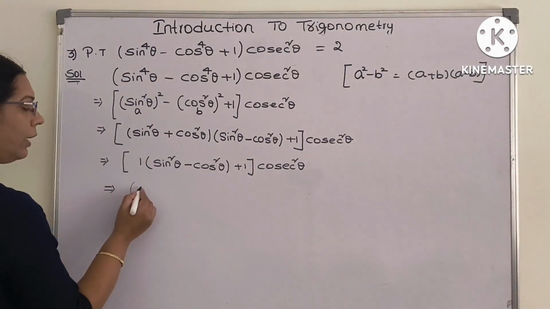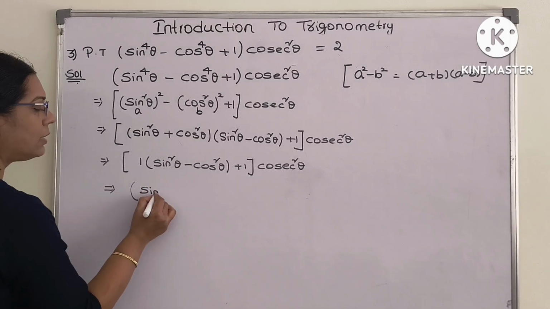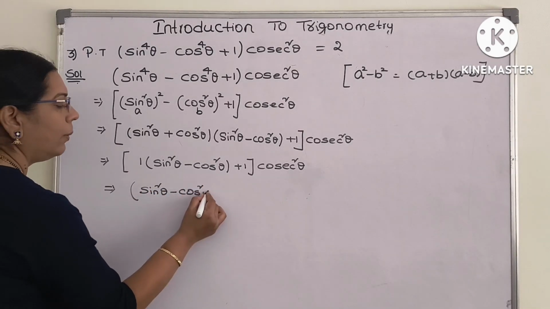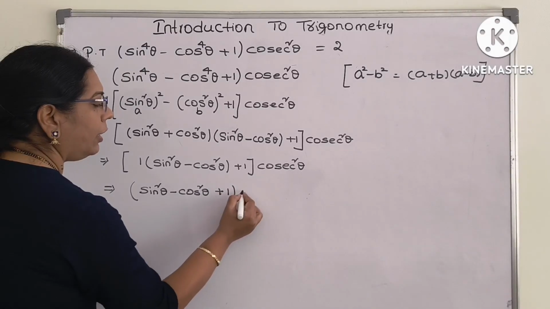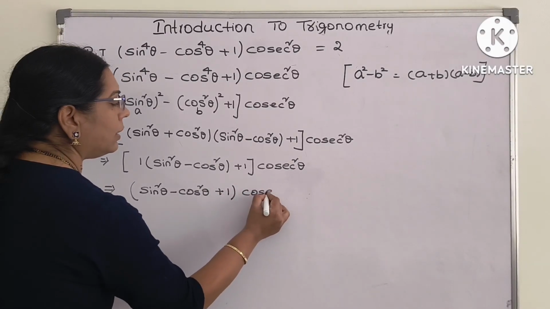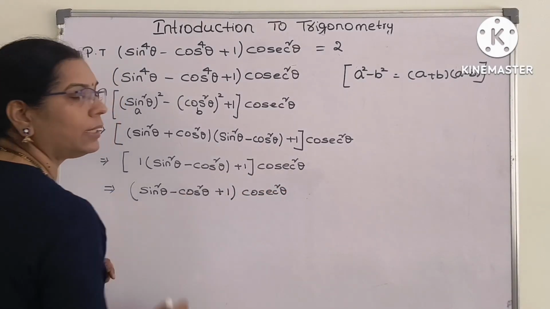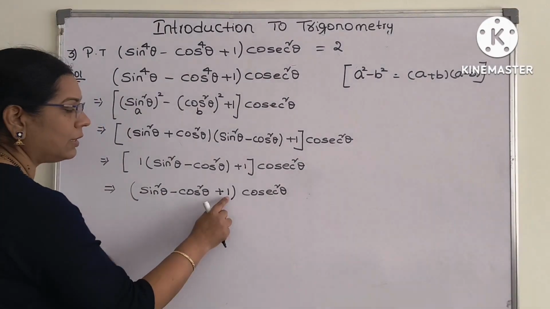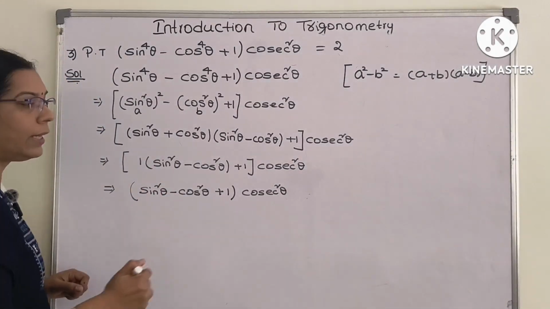What is this looking like? This looks like sin²θ − cos²θ + 1 into cosec²θ. Now, if you look carefully, what is this? This is 1 − cos²θ.